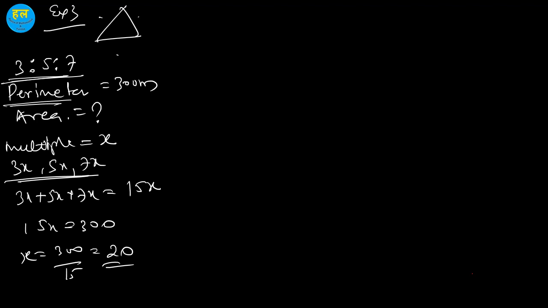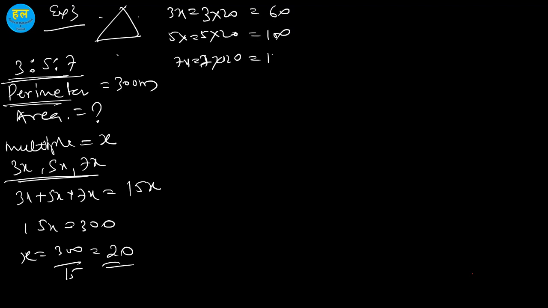So we know that the multiple is 20, so we can find all the sides. 3x will become 3 into 20, 5x will become 5 into 20 and 7x will become 7 into 20. It is 60, 100, 140. Okay, so these are our sides of the triangle.